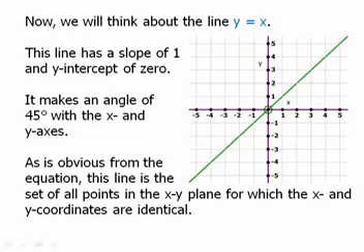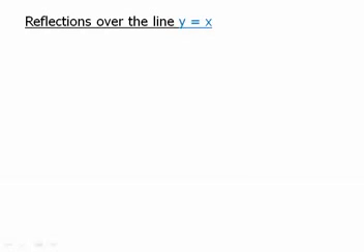And incidentally, a little piece of trivia, all the points above this line have a y-coordinate bigger than the x-coordinate. All the points below the line have an x-coordinate bigger than the y-coordinate. That's also something that can be helpful. Let's talk about reflections over this line.